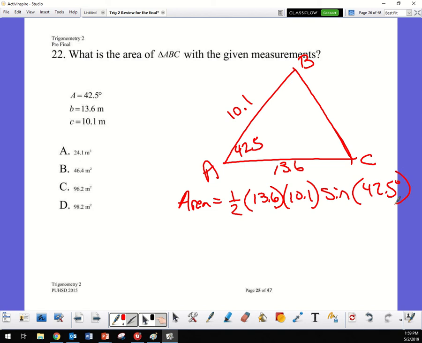That means the calculator has to be in degrees, right? Yeah.